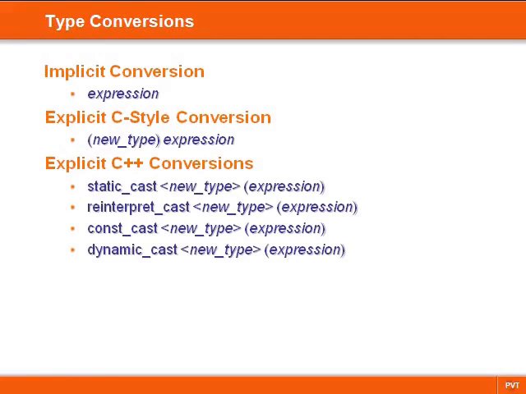These casts allow us to more precisely state how a conversion should be performed, which in turn makes it easier for the compiler to catch conversion errors. In contrast, the C-style cast includes the static, reinterpret, and const cast all in one operation, and we're therefore more likely to perform subtle conversion errors when using it.